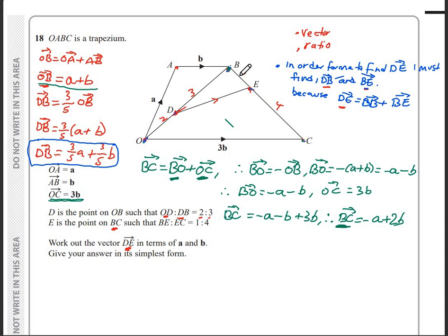BE is 1 part out of the entire 5 parts, just as EC is 4 parts out of the entire 5 parts. So if we say 1 part out of 5, we might as well say 1/5. So BE equals 1/5 of BC.